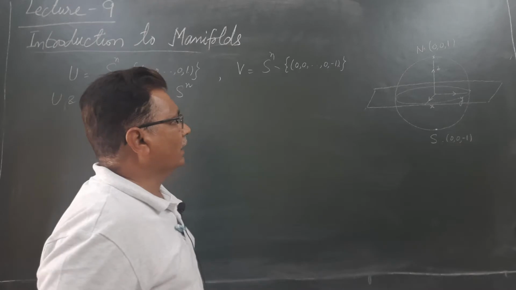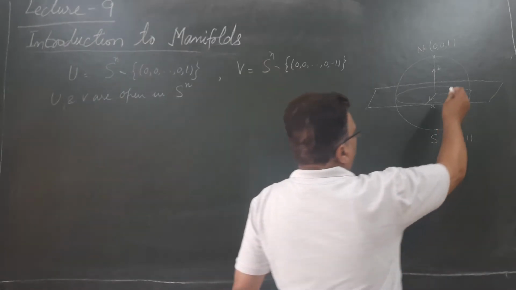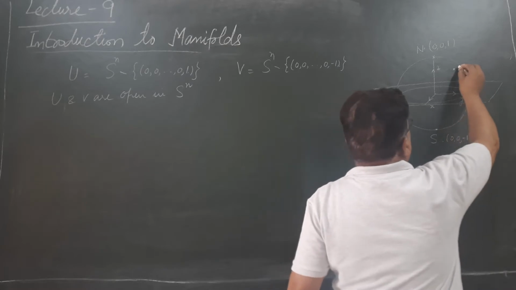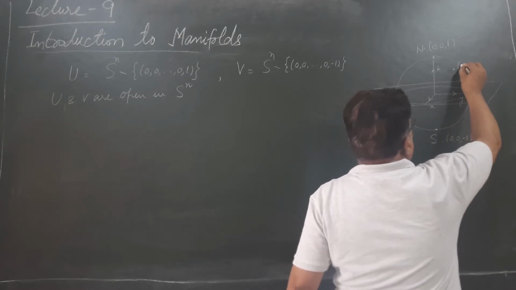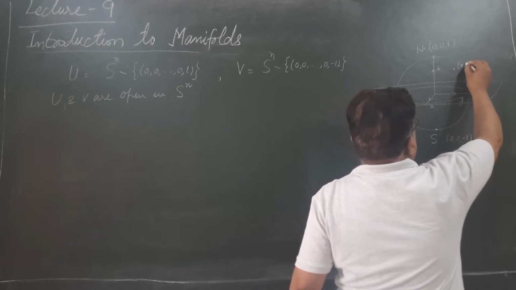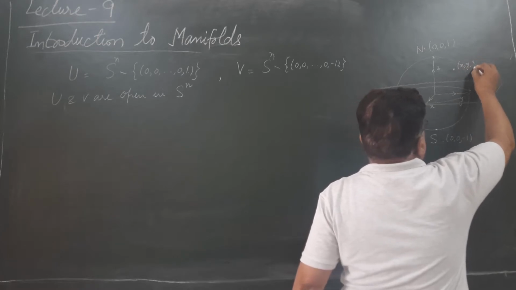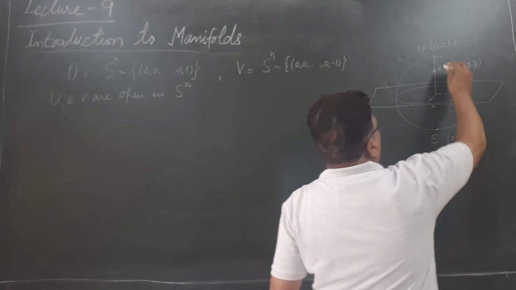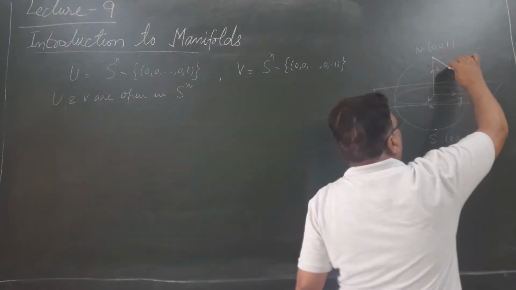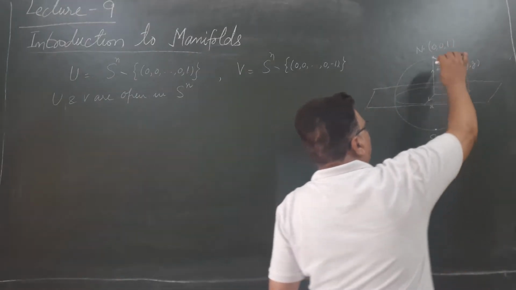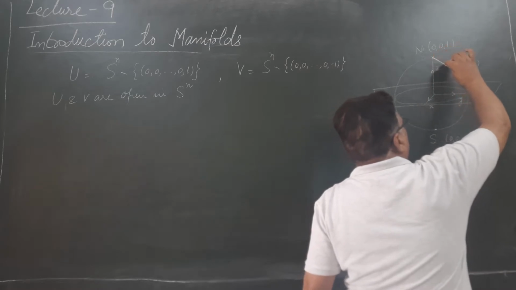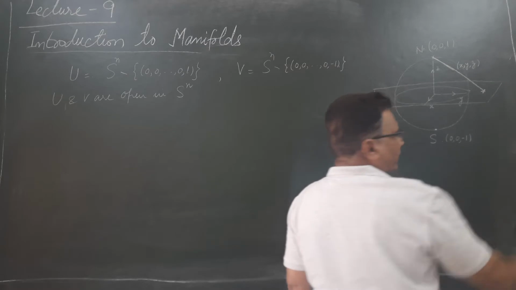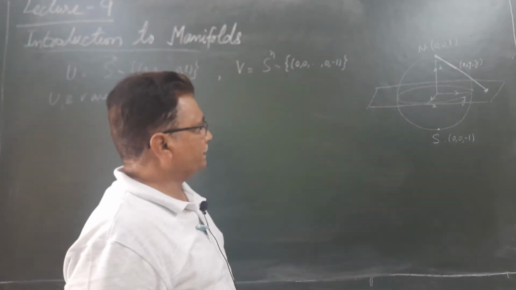Now what you do, you project these points on the sphere. Consider a point, say xyz. This is a point on S2. I will join this point with the north pole and then extend this line so that it meets the xy plane somewhere here.